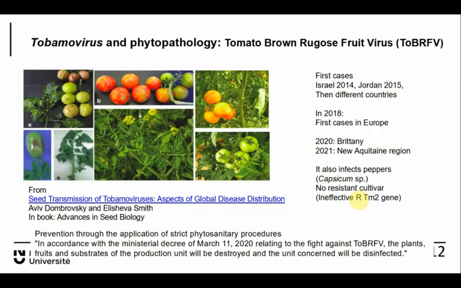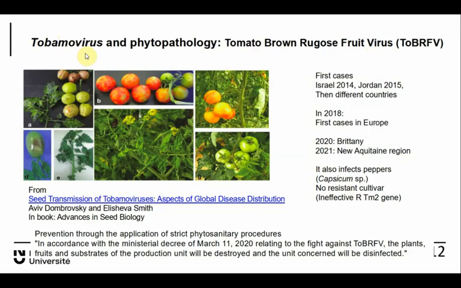Okay, so tobacco mosaic virus is not a particular problem for us, because there's no tobacco being grown in France. But there are some related viruses that cause significant problems for farmers. So this one, the tomato brown rugose fruit virus, is also a tobamovirus.